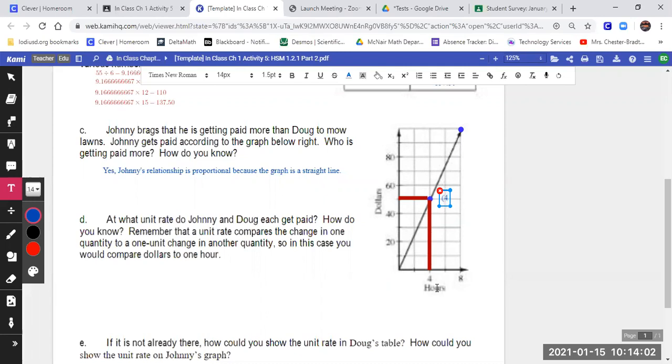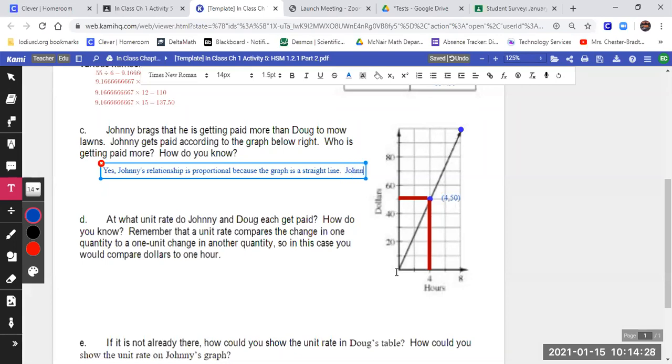Four, comma. How far up did we go? Where did the line touch? What would that be? What number? 50. So this is saying that Johnny gets paid $50 for 4 hours. That's what that's saying. Okay.